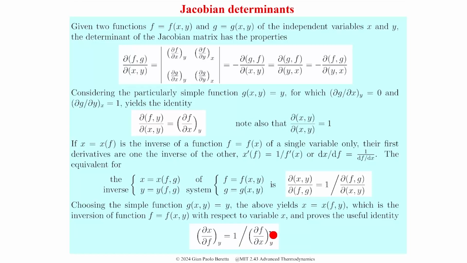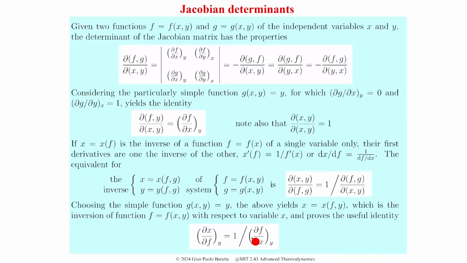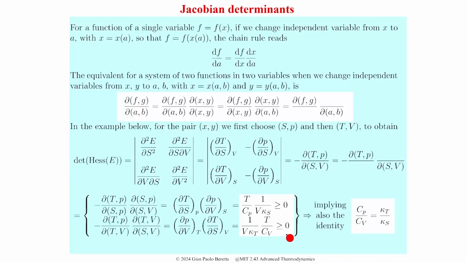So formally, you see, this is x over f, at constant y. Let's read it loosely. Well, you can just consider the dx and the dy as a fraction and put it under the denominator, and you get this function. And it is fair. In other words, this proves that you can do that easy manipulation.